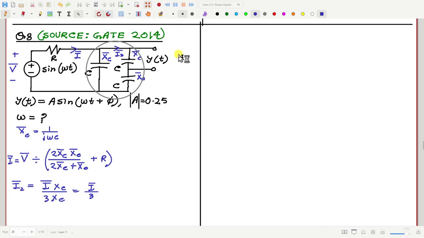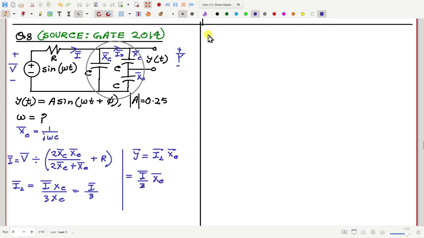Now if this voltage is Y phasor, then how much is Y? Y will be I2 times Xc, so that will be I by 3 times Xc.